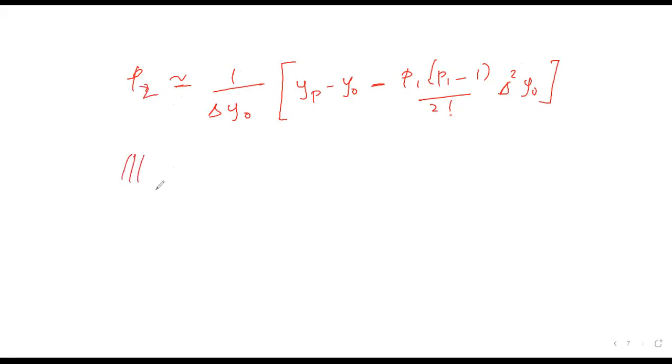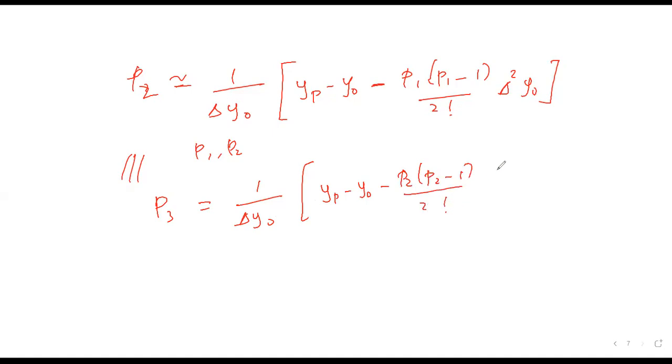Similarly, for the third order, p3 will be 1 over delta y naught times (yp minus y naught minus p2(p2 minus 1) divided by 2 factorial delta squared y naught, and I need to take the next term also because I'm taking the third order: p2(p2 minus 1)(p2 minus 2) divided by 3 factorial delta cubed y naught).